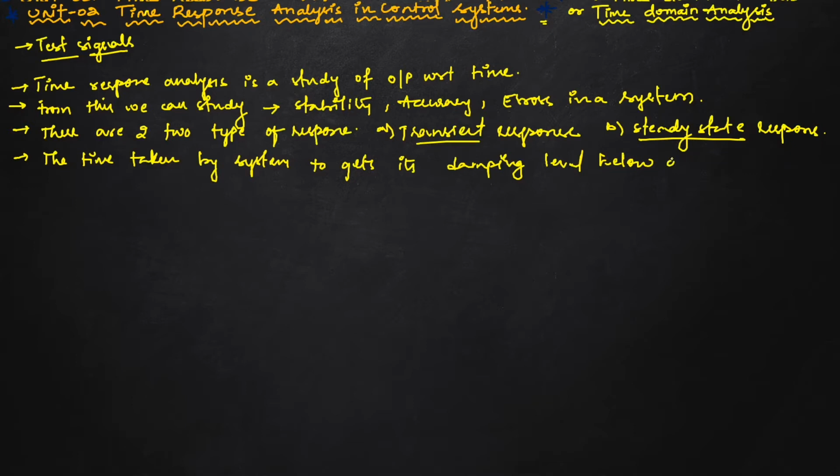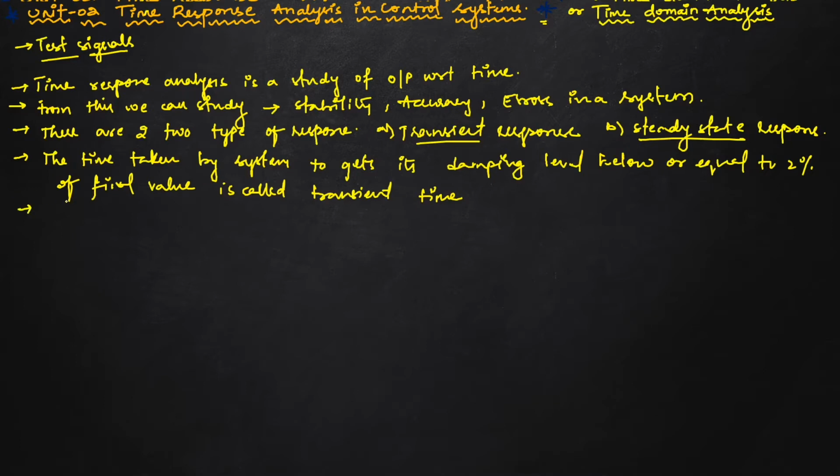So the transient time is the time taken by the system to get its damping level below or equal to 2% of its final value.